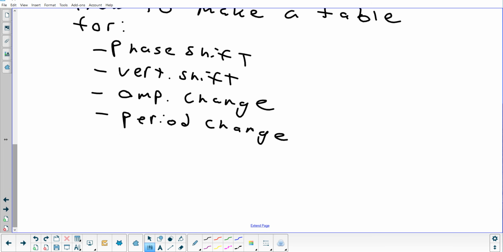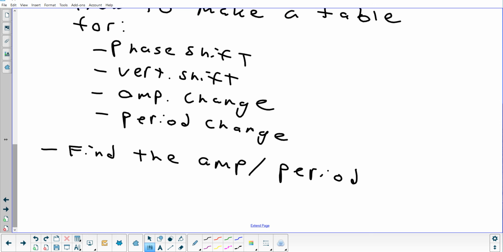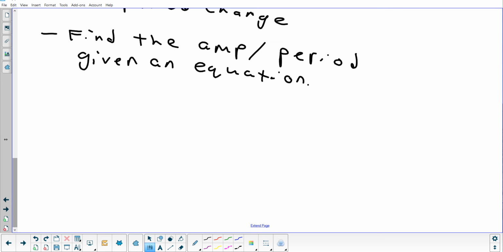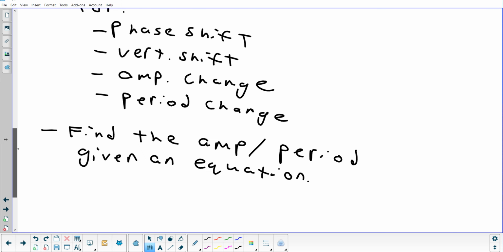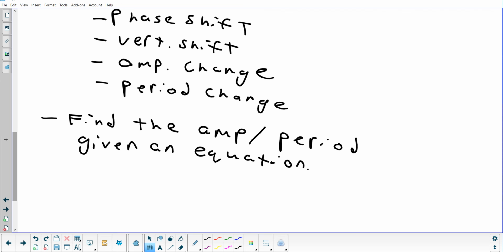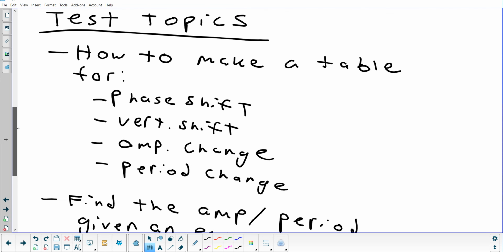What else? Find the amplitude or the period given an equation. Right, so that's where you use the formula 2 pi over omega to find the period. Or if you're finding the amplitude, that's where you take the absolute value of the number in front. And the last thing would be, you know what, I'm just going to add it right here.